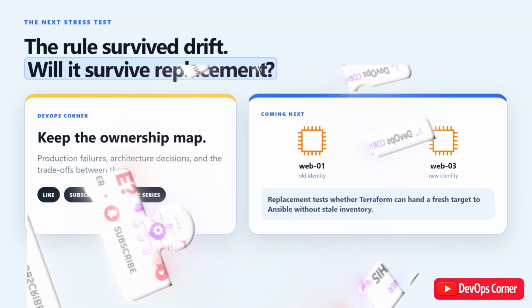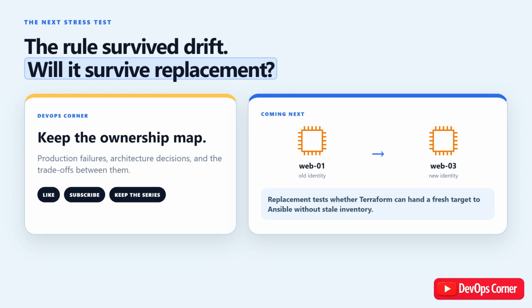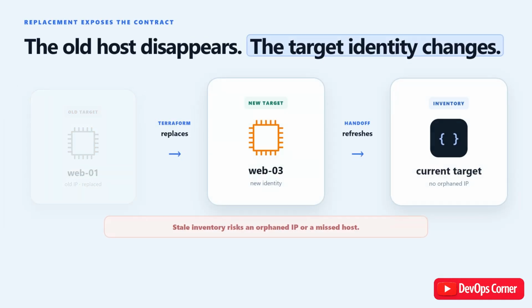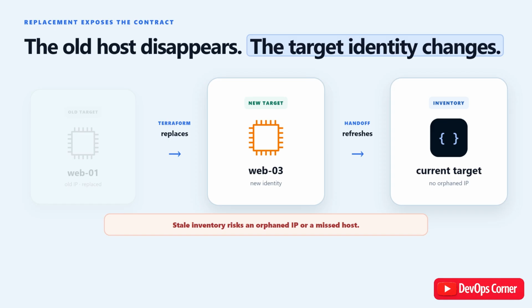Replacing that host exposes what the handoff must carry. Configuring a brand new, stable host on day one is one thing, but completely destroying and replacing a node weeks later puts our architectural contract to the ultimate test. When Terraform's lifecycle rules dictate that an infrastructure object must be removed and recreated, maybe due to an AMI update or an instance type change, the handoff process becomes absolutely critical.